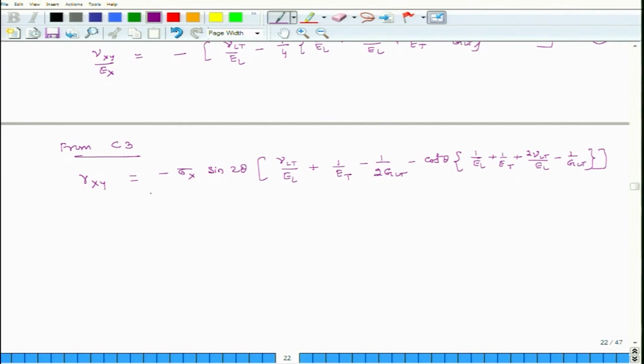So, what is mx? You again divide both sides by sigma x, and what you end up with is mx equal to sine theta, and EL is already here, so EL goes away and EL comes, so the whole thing gets multiplied by EL. In the denominator it goes away, and 2 EL.